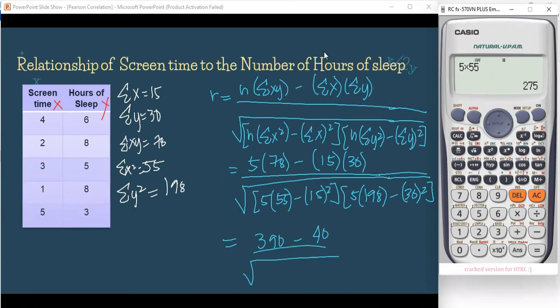That is 275. 15 squared. That is 225. 5 times 198. That is 990. Minus 30 squared. That is 900.